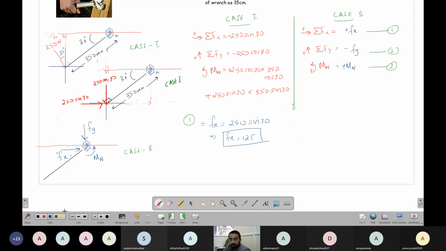Okay. Now from 2, എന്താ കിട്ടുന്നത്? മൈനസ് Fy equal to minus 250 cos 30. ഇത് എത്രയാണ്? Fy യുടെ വാല്യൂ എത്രയാണ്? Minus 216.5? മൈനസോ? ഇവിടെ മൈനസ് ഇവിടെ മൈനസ് ഇല്ല. Plus 216.5. പിന്നെ ഫ്രം 3 എന്താ കിട്ടുന്നത്?